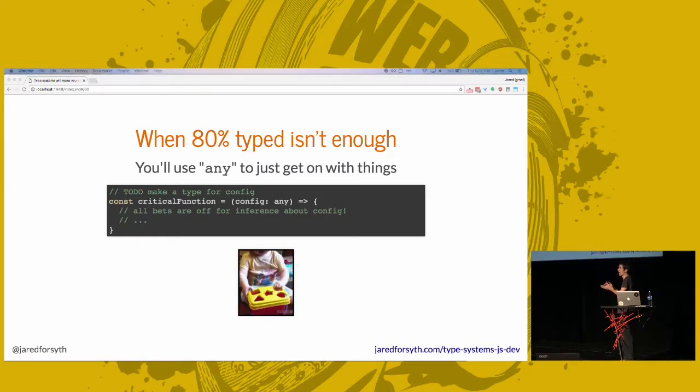About a quarter of them have any types in them. Because pragmatism, because it's hard to type or we don't have time and there's a to-do, type this later. And unfortunately, 80% typed might mean that all of your users see errors.